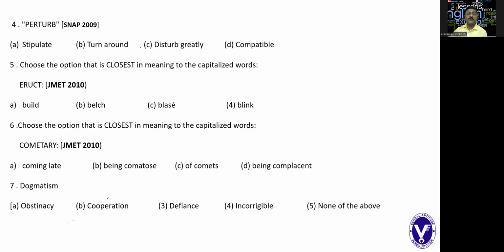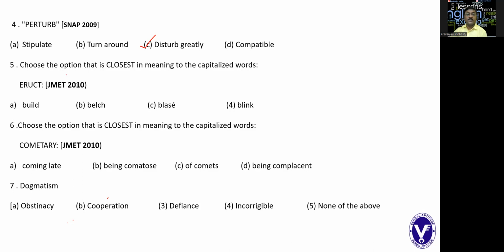So, perturb means to disturb greatly. Compatible means one which can go along with others. I can say I am not compatible with him, which means to be friendly or to be able to go along with something. That is compatible.